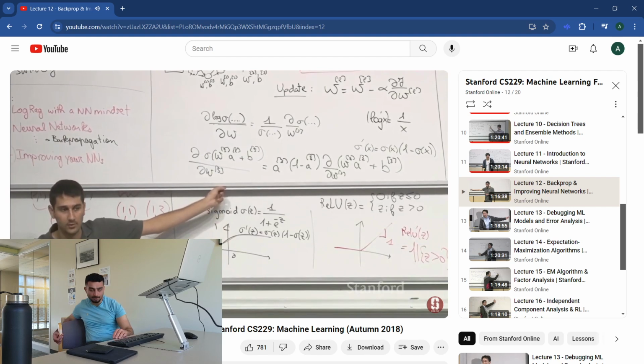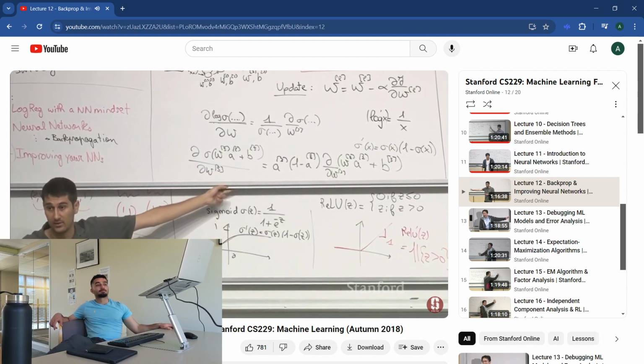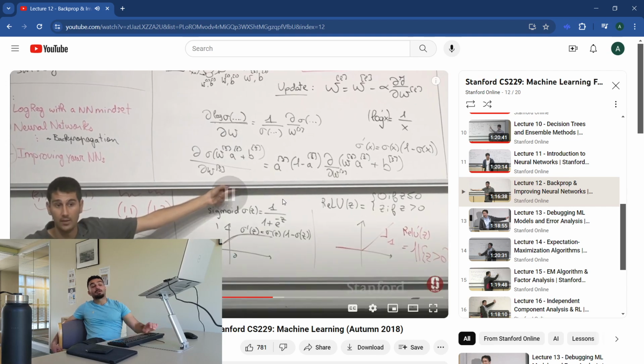Yeah. So if someone comes up with a better activation, that obviously helps. But these activation functions are working pretty fine. They are good enough.